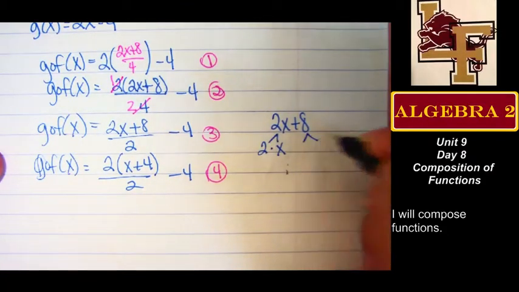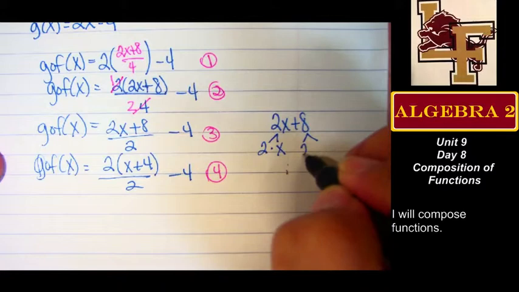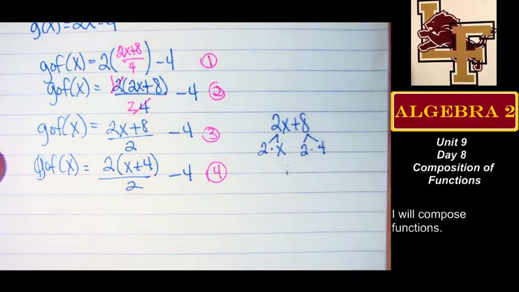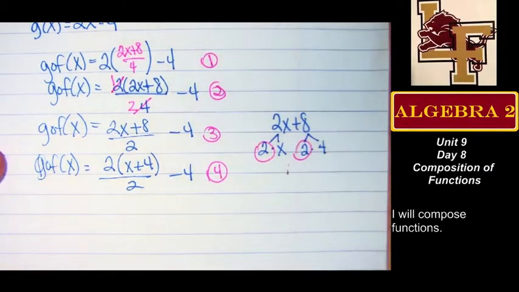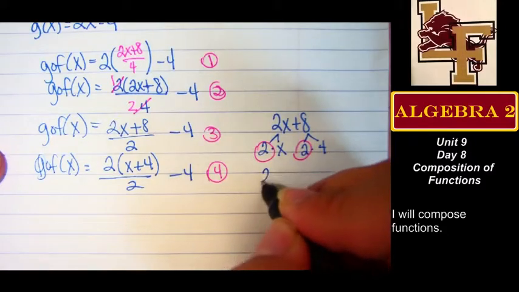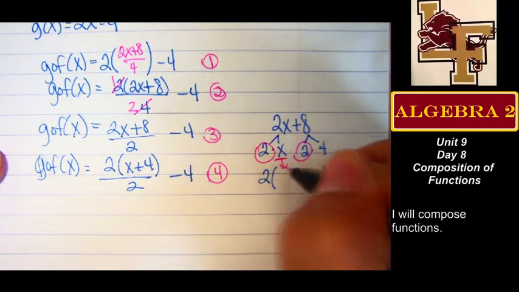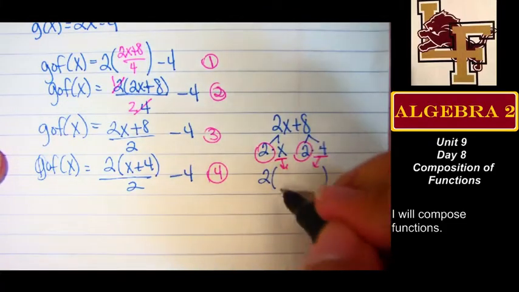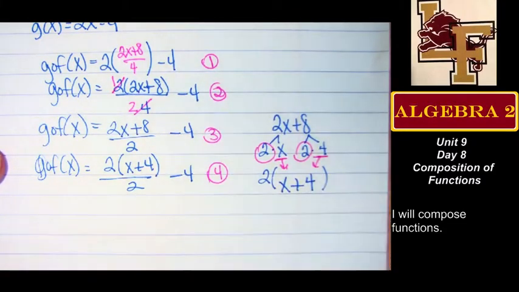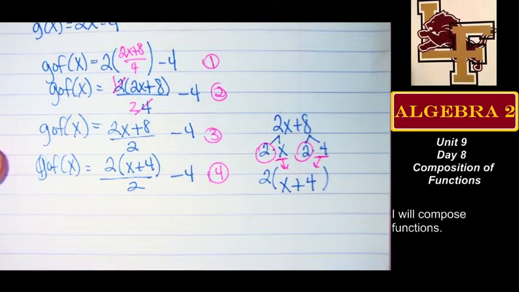What do I need to multiply to give me positive 8? 2 times 4. The 2's are what they have in common, and so I can write that out as a common factor, and in parentheses, I write whatever is left over once I ignore that common factor. Okay? So I factored that top piece.